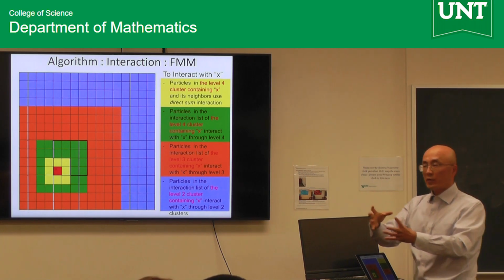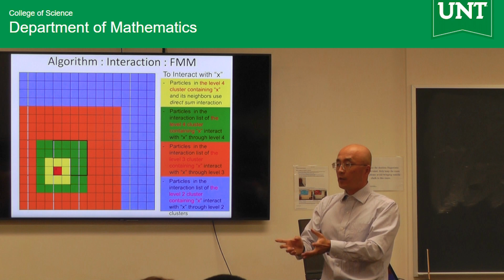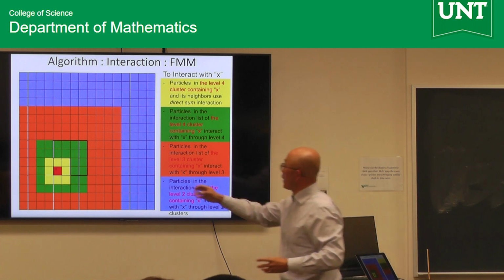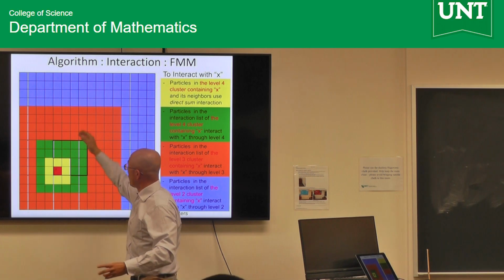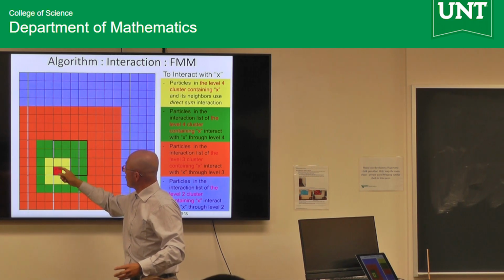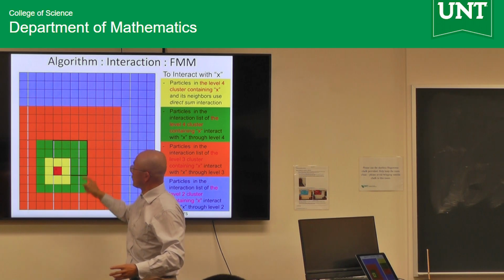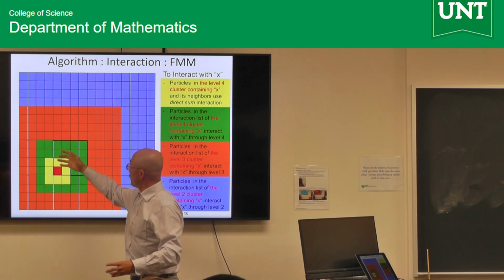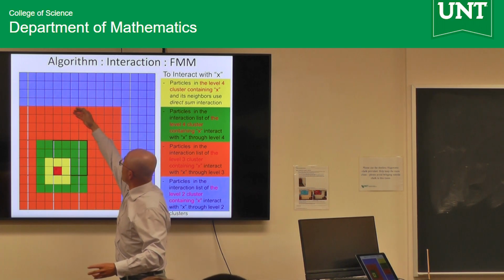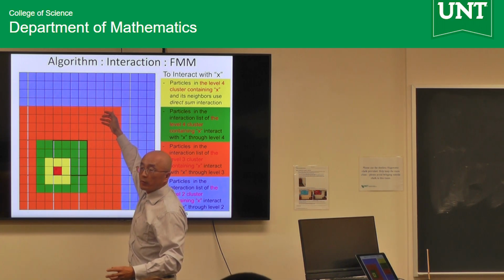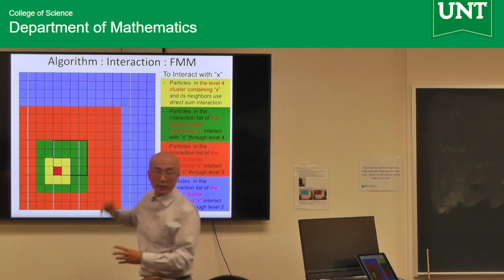When they are very close, direct summation. Then I go one level up: the red one, I use it as a cluster to interact with all the green clusters over there. Then I go another level up, I treat this one as a cluster and interact with all the orange 2 by 2 ones over there. And then eventually the entire space.